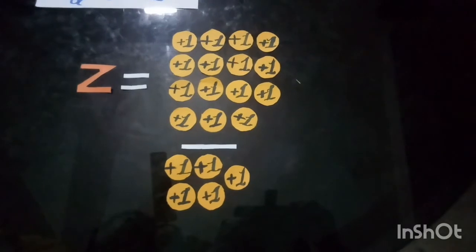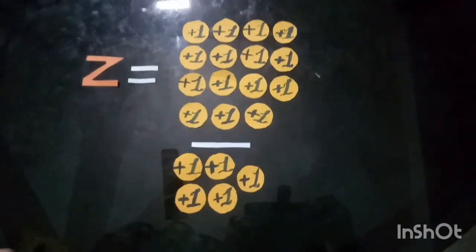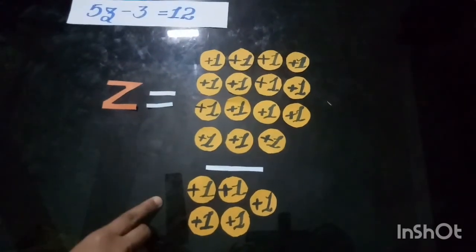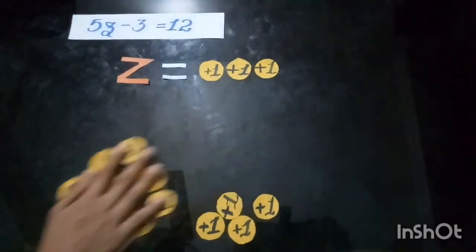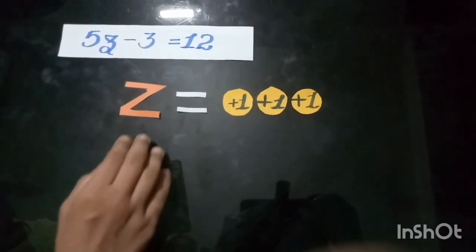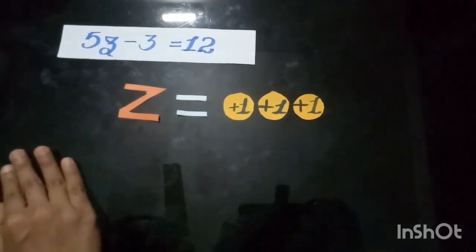Now the equation becomes z is equal to 15 by 5. We know that 15 by 5 is 3. So now it becomes like this. So we'll get the value of z as 3. Finally, the equation is solved.